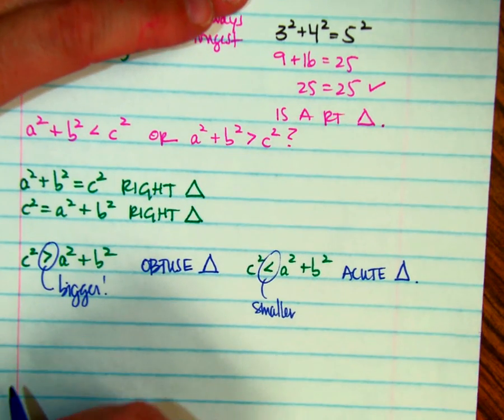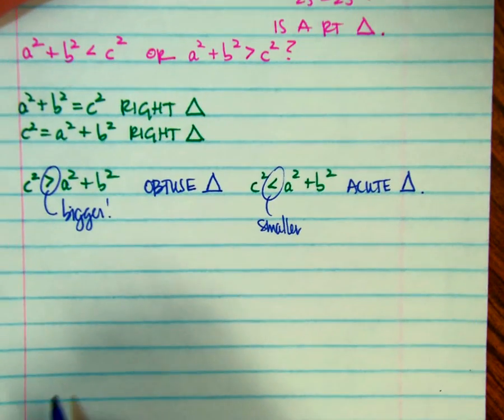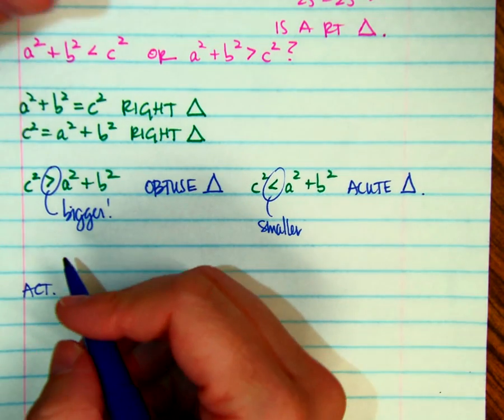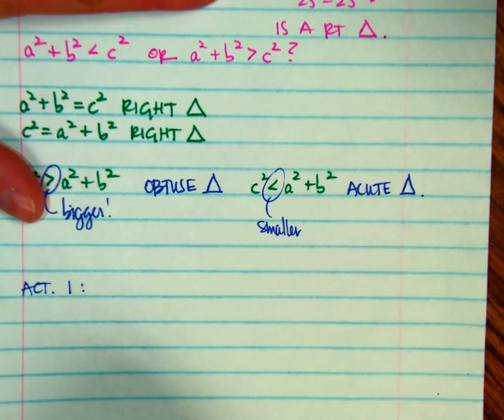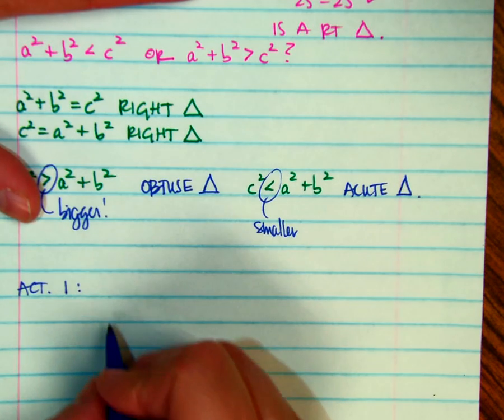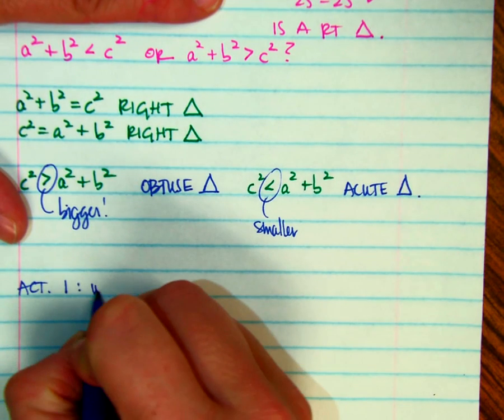Okay, so activity 1. And I would encourage you to pause so that you can actually work this out before I do. So try it on your own and then see what the solution is.